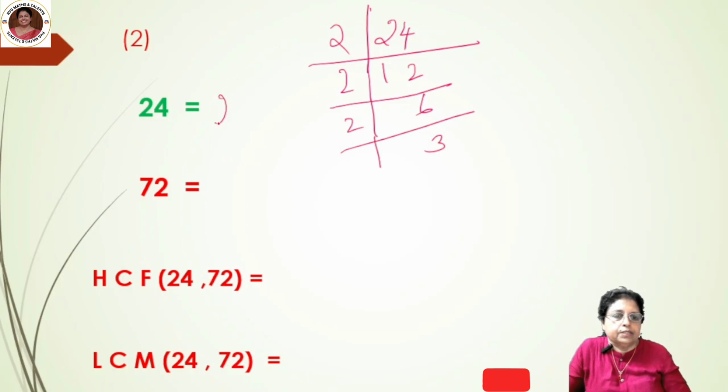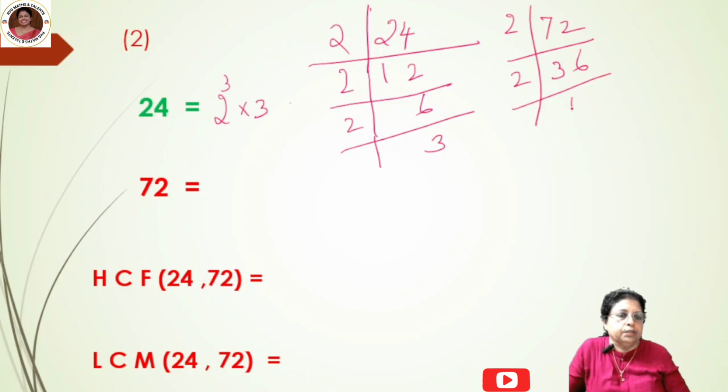So it is 2 cube times 3. Okay. 72 can be divided by 2. You will get 36, 2, then 18, then 2, 9, then 3, then again 3. So you can write this as 2 cube 3 square.